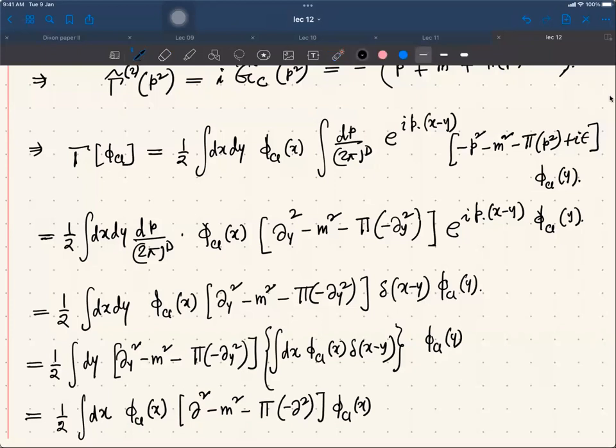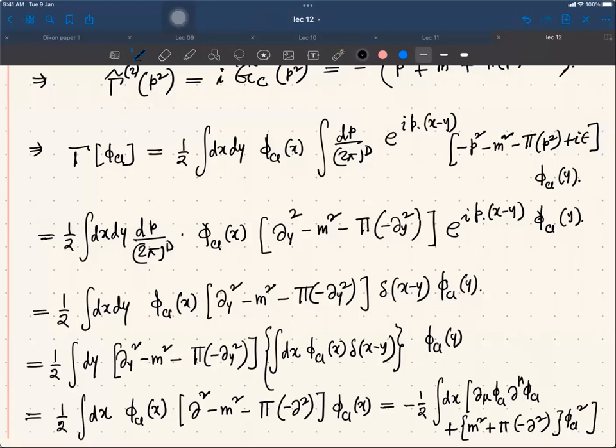So this is the same as minus half integral dx ∂_μφ_cl ∂^μφ_cl plus [m² plus Π(−∂²)] times φ_cl².